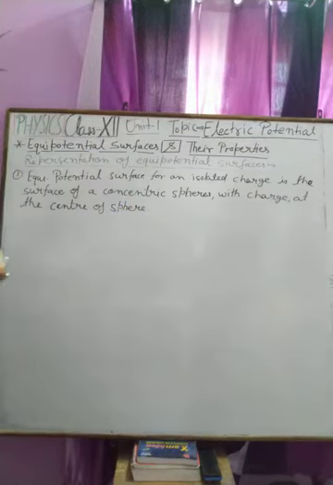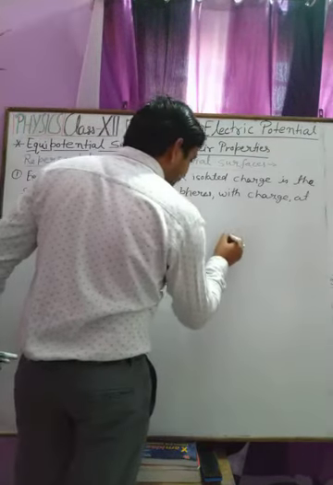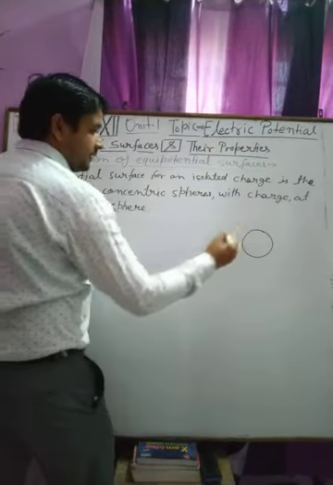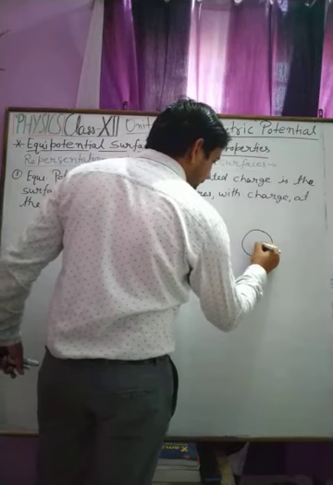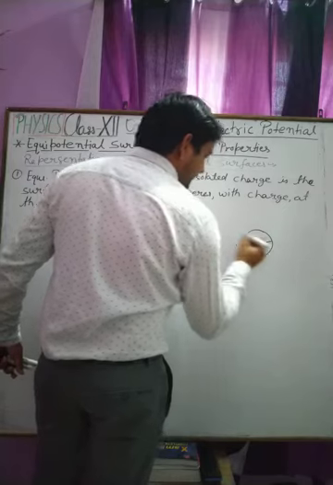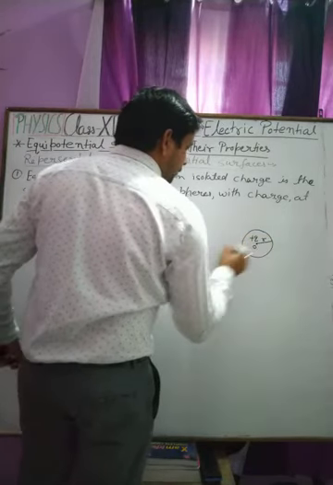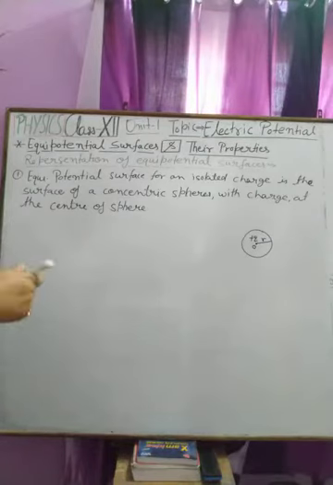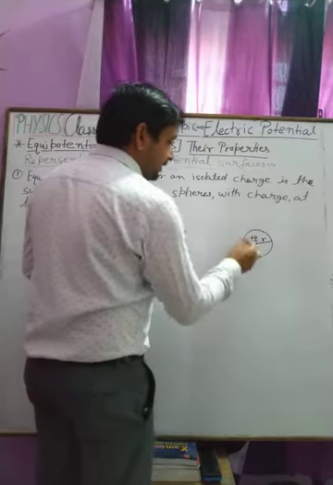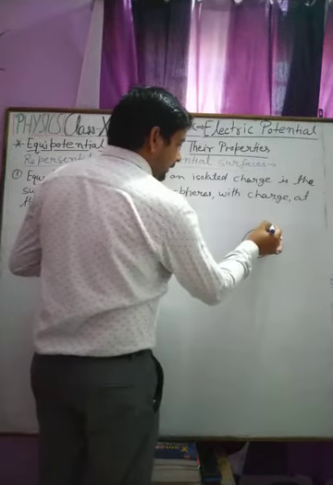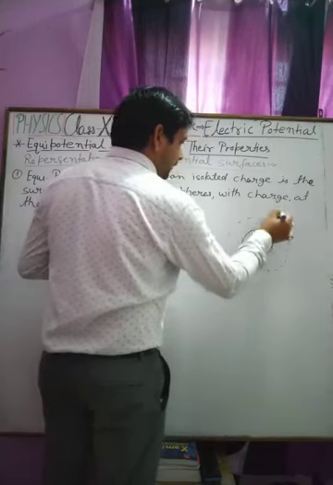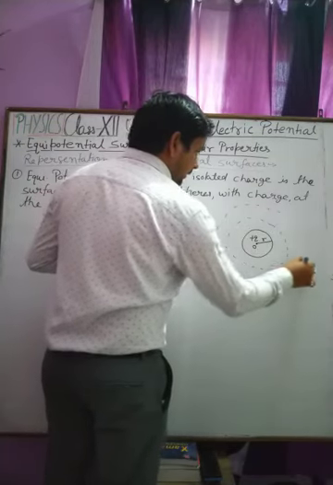These are represented as, suppose we have this sphere of radius r and this is its center, and the charge is placed at its center. Therefore, the equipotential surfaces for this isolated charge at O are represented as concentric spheres like this.